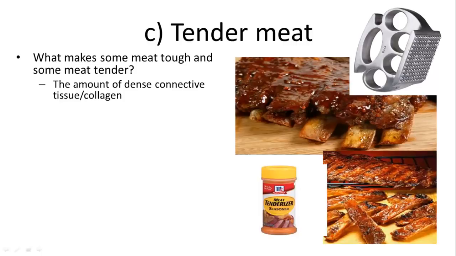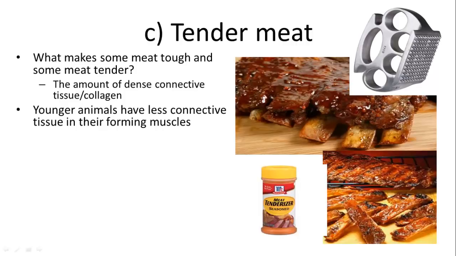Okay, so the amount of dense connective tissue and collagen within the meat, and how it's broken down, is going to affect the tenderness. Younger animals have less of this connective tissue because their muscles are still forming and taking shape. And so pigs, which are slaughtered at a younger age than cows, generally have more tender meat than the cow meat. So pork ribs are generally more tender than beef ribs.